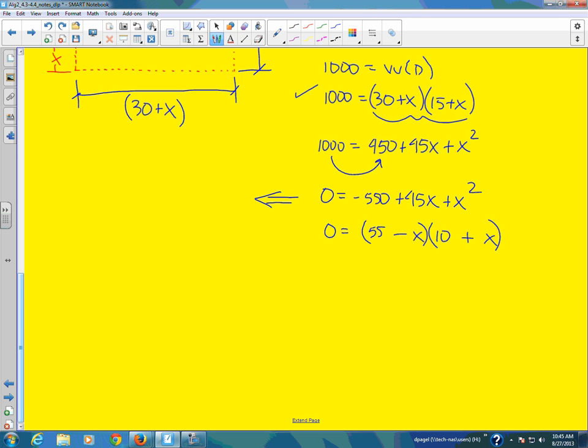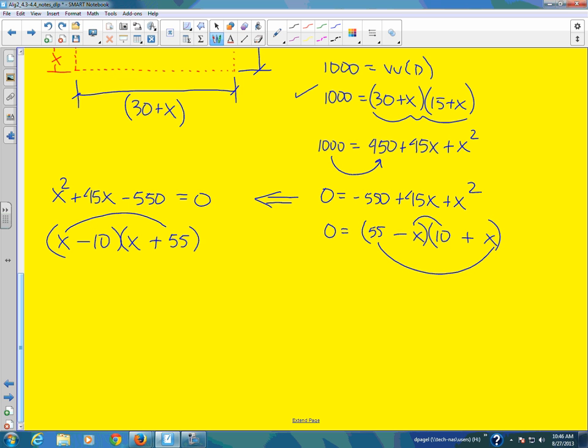So maybe what you want to do is just flip this thing: put the x squared first, then the 45x, then the 550 equals 0. Maybe it's easier for you to see what we just did there. We had 55, we're going to take 10 away. It's the same thing that's going on over there, it just looks different. Here's my 55x, here's my minus 10x.